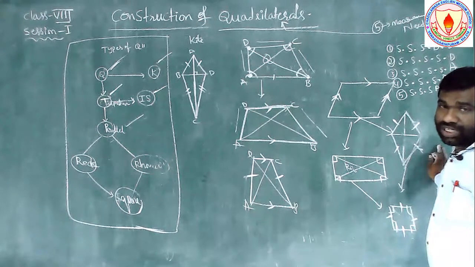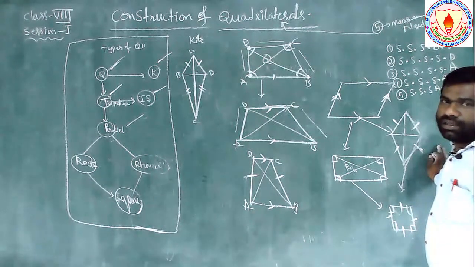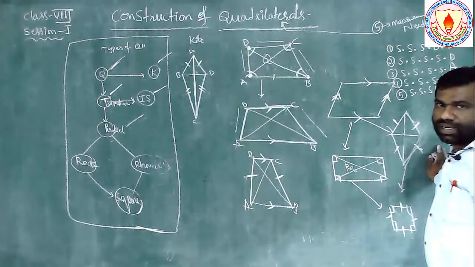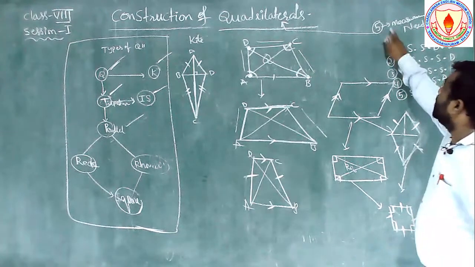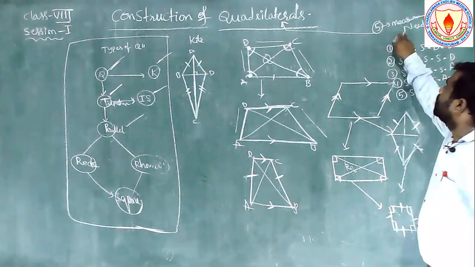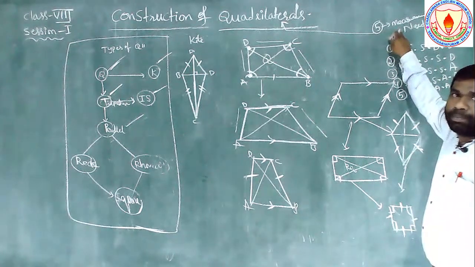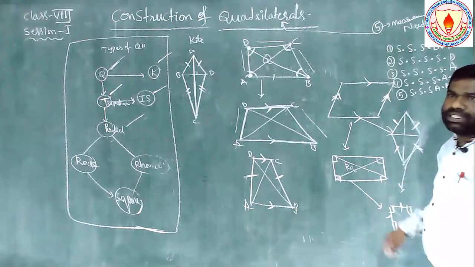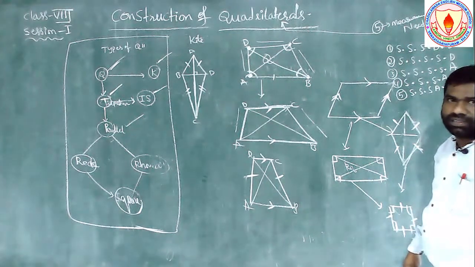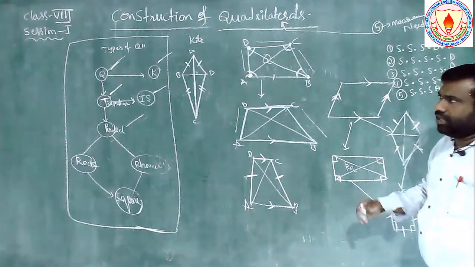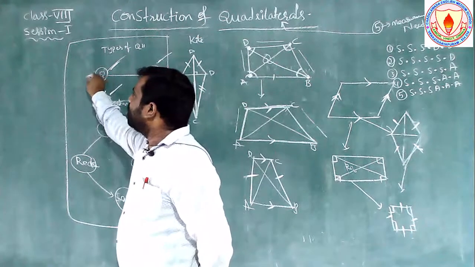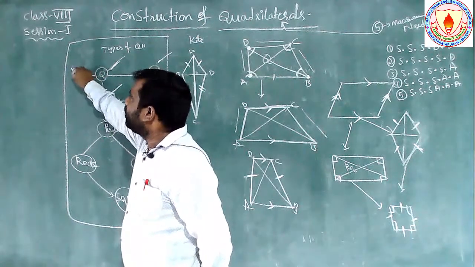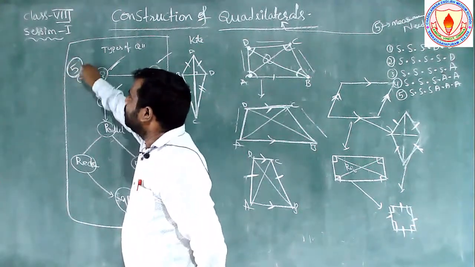In this situation, we are constructing the quadrilateral. So minimum 5 measurements are needed for a quadrilateral.